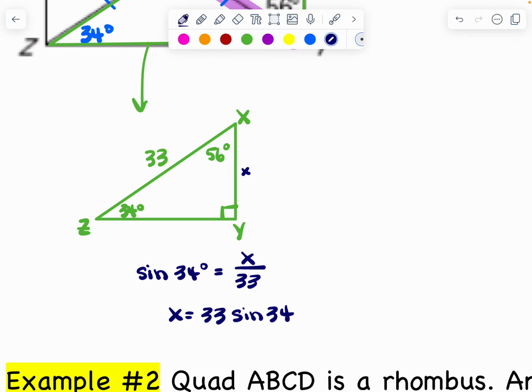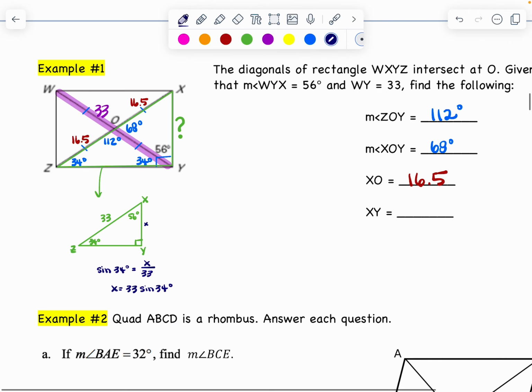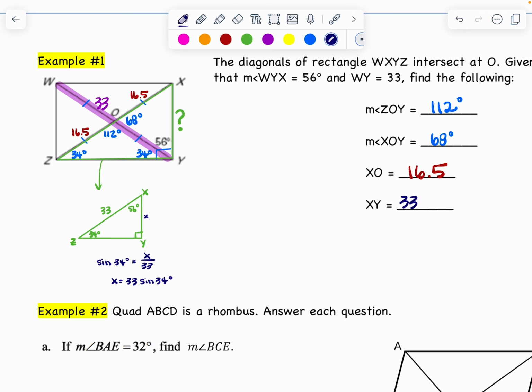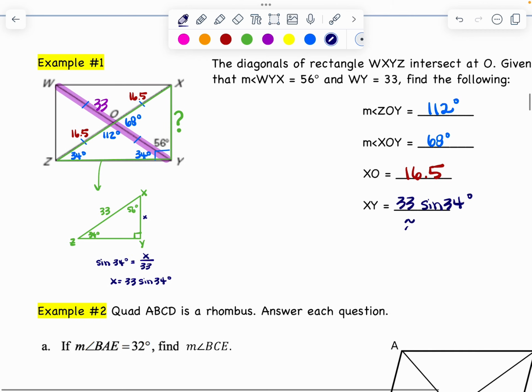So we're going to multiply both sides by 33. And again, the downside of trig is that's my exact answer, right? So the length of xy is 33 sine 34, which doesn't really mean a whole lot to us, right? So we are going to type it into our calculator. And I'm going to get the approximation, and it's about 18.5.